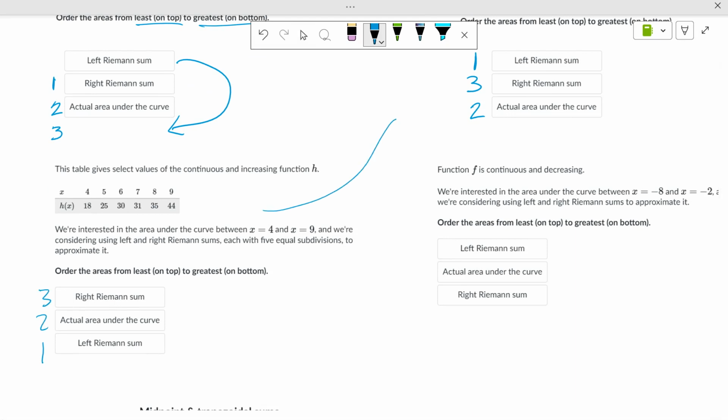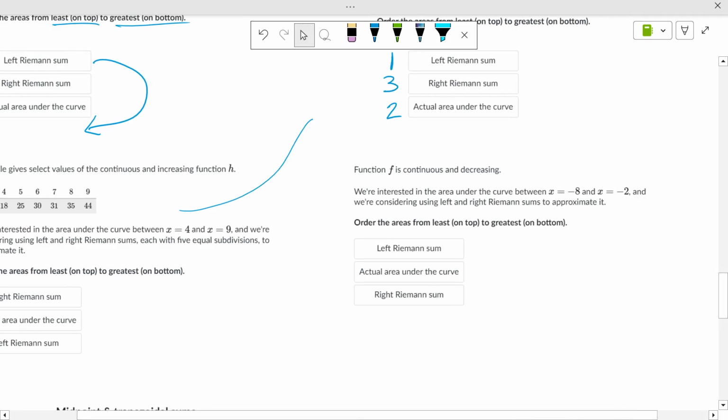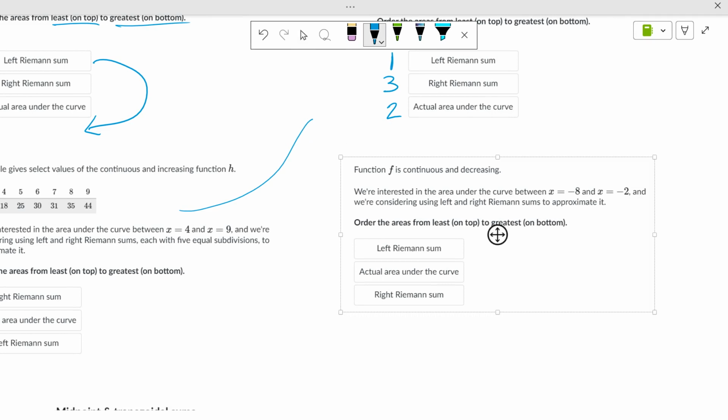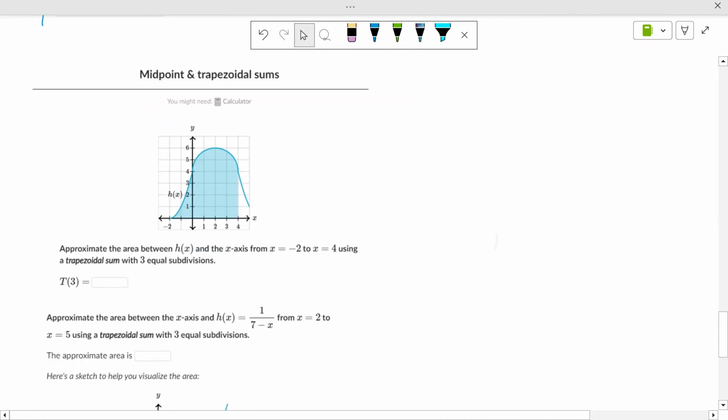It's constantly increasing. If it goes down, then it's decreasing. So it's continuous and decreasing. It goes like this. So if it goes like that, then right is the smallest, then actual, then left. Okay? Overestimates, underestimates, those are pretty easy.